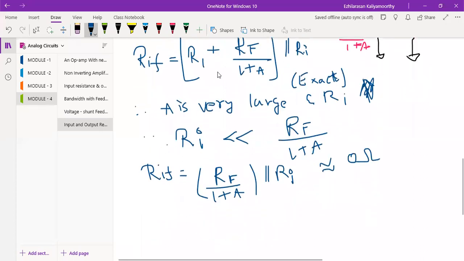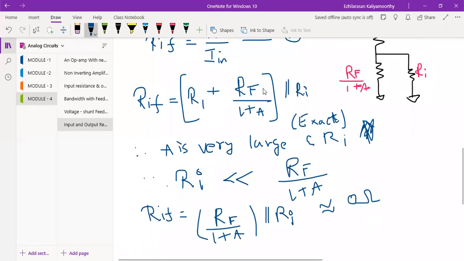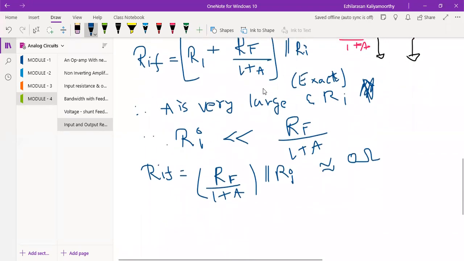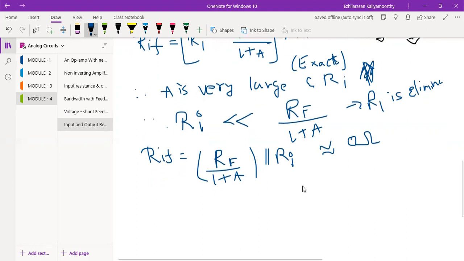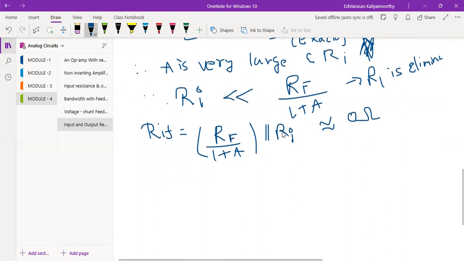Why? Because if Ri is very much less than RF by 1 plus A, then RF by 1 plus A will be in parallel with Ri only, because this term will be eliminated. Which term? The R1 is eliminated. So your input resistance will be 0 ohm. This is what we have for the ideal case.